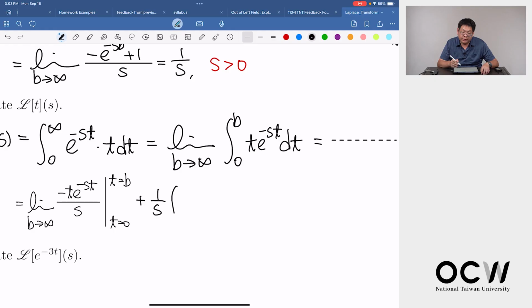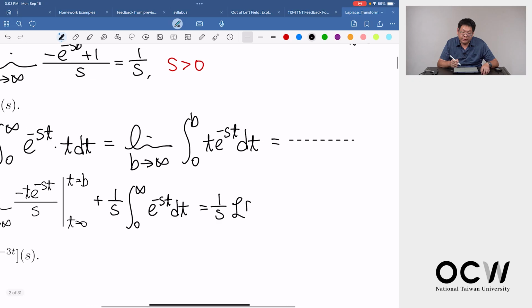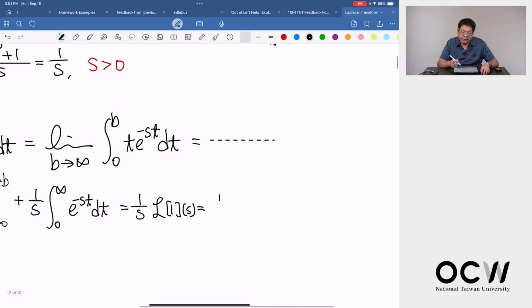So we have 1 over s times the Laplace transform of 1, which is 1 over s, and we just learned that the Laplace transform of 1 is also 1 over s. So it's 1 over s squared.